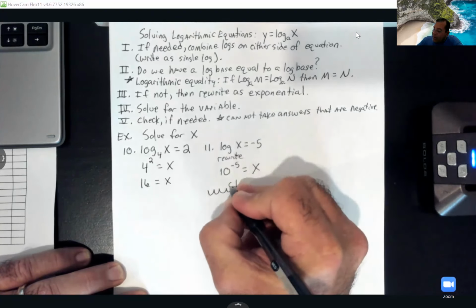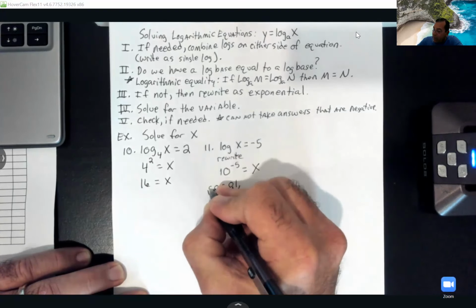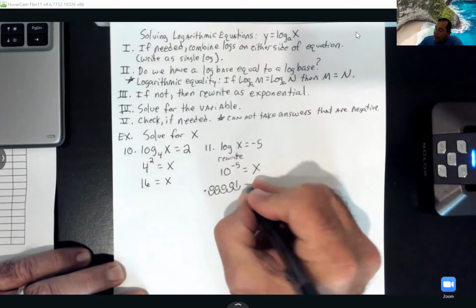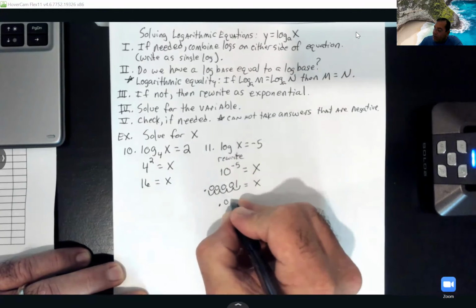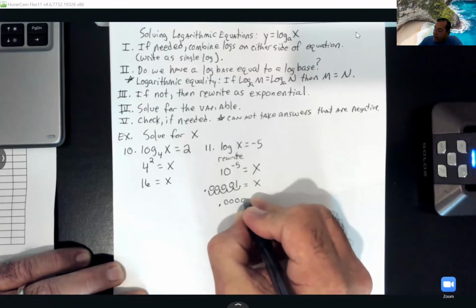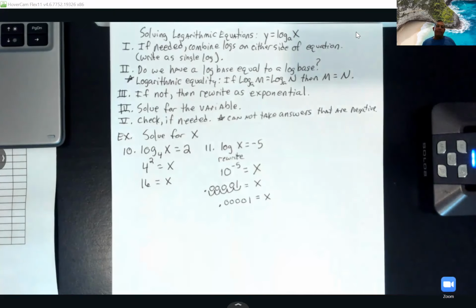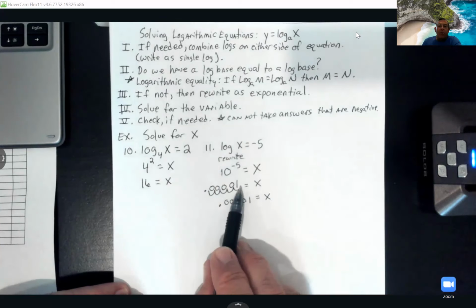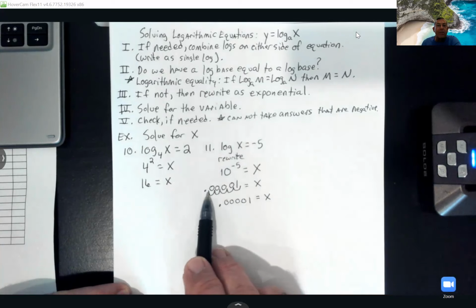So that means you'd have to add 4 zeros on this one. And that's going to equal your x. So I end up with 0.00001 equal to my x. If you had a negative 6, you would start on the right side of the 1 and move left 6 units, okay?